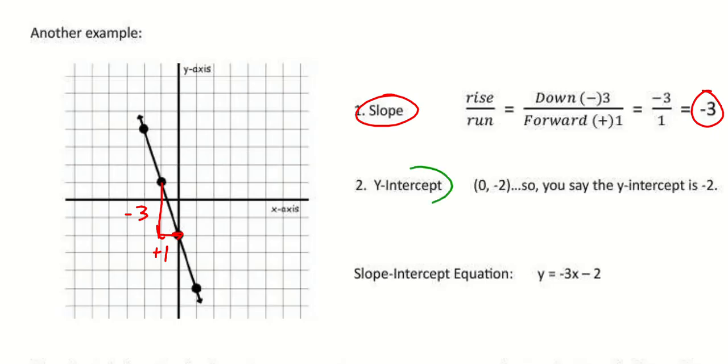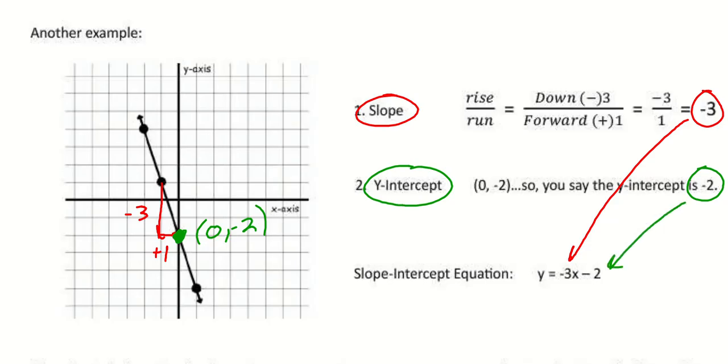So that y-intercept part is where I cross the y-axis, and I'm crossing right there on that coordinate, which is 0, -2. So I use the y value from that coordinate of -2, and now I have the two pieces of information, so I plug them into the slope and y-intercept parts of the equation, and the equation for that line is y equals -3x minus 2.